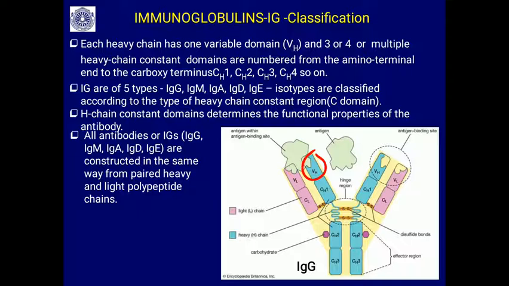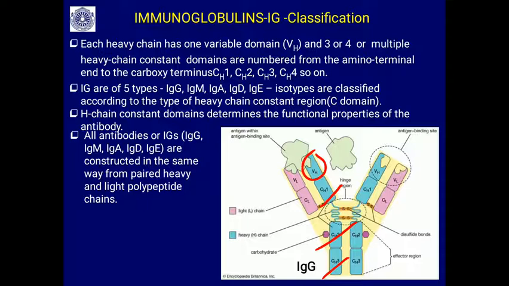In IgG you will see constant domain 1, 2, 3, CH1, CH2, CH3, the constant domains of the heavy chain. This will vary with other immunoglobulins. In IgG you will find 3, in some others you may find 4.